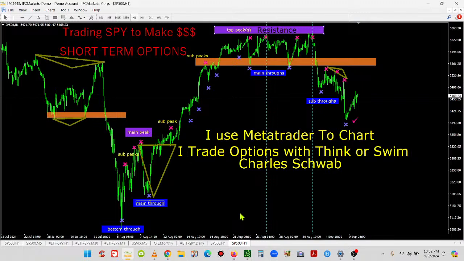If you're Warren Buffett, hourly is like a micro time frame, okay? But to an actual day trader of options, hourly is our long-term trend. Warren Buffett is looking at weekly patterns.